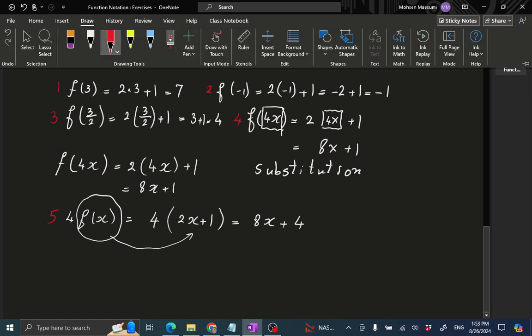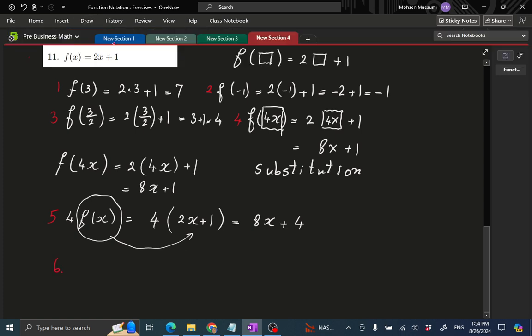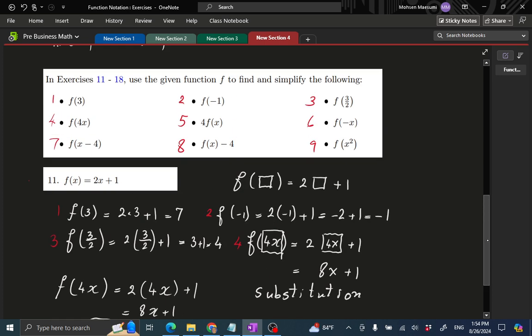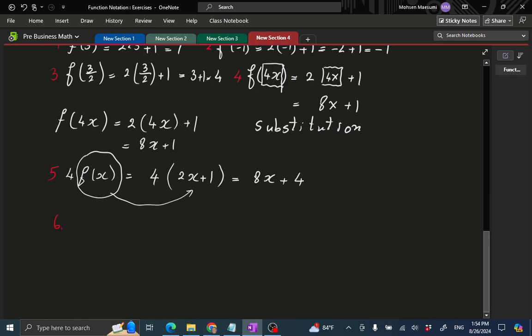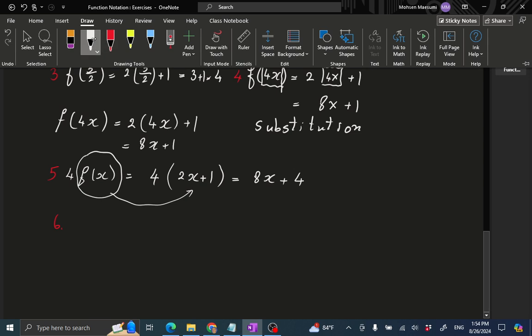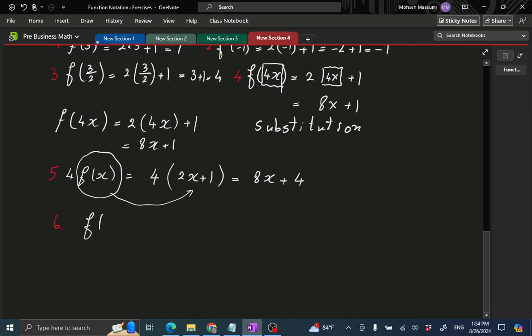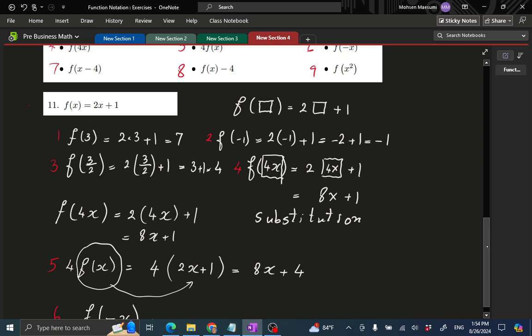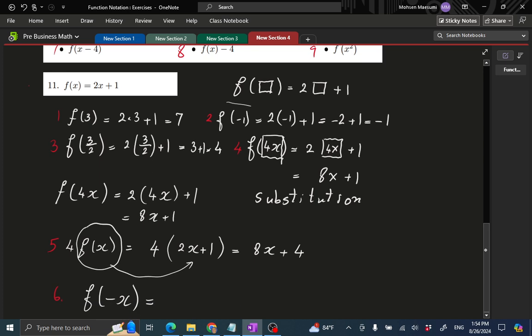So let's see. Problem 6, which is f of minus x. This exercise is very nice and good. f of minus x, what does that mean? Again, I suggest this box notation. f of box is twice the box plus 1.